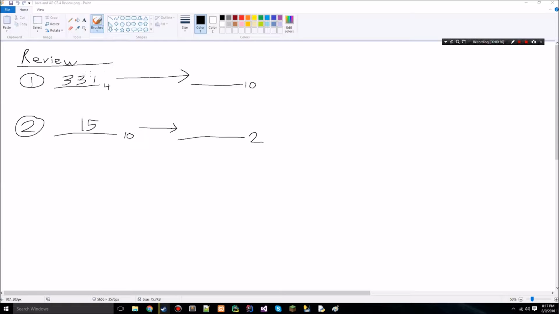Say we have a number that's in base 4, and that number is 331, and we want to convert it to base 10. Well, let's make our chart like I showed you in the second tutorial. So we got 3, 3, 1, and then we have the place value terms 4 to the 0, 4 to the first, and 4 squared. 4 squared is 16, 16 times 3 is 48.